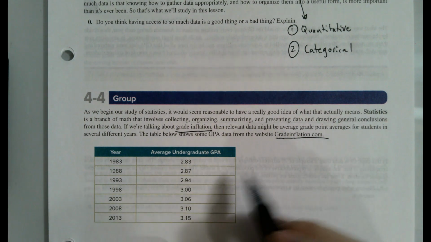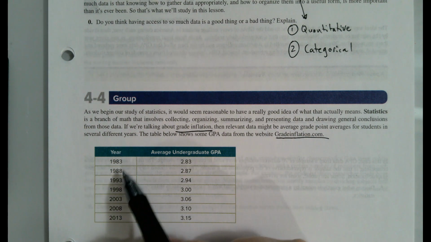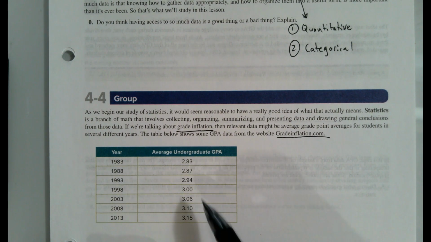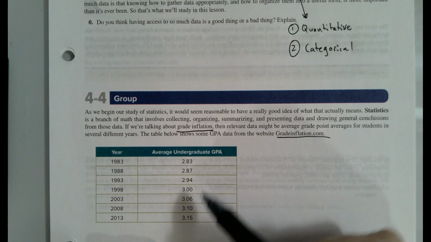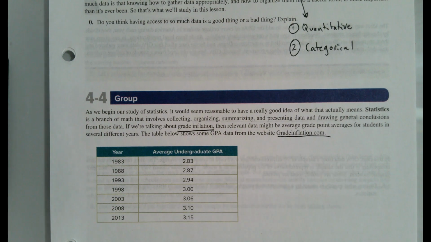These are the average grade point averages for students in several different years, 1983 to 2013. You can see from a basic look that back in 1983, the average GPA was 2.83, and now it's 3.15. So maybe this shows that grades are inflated.